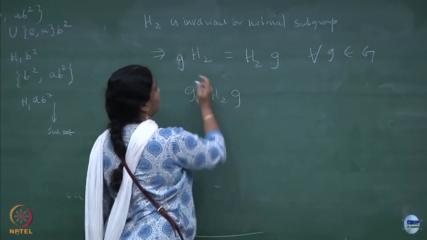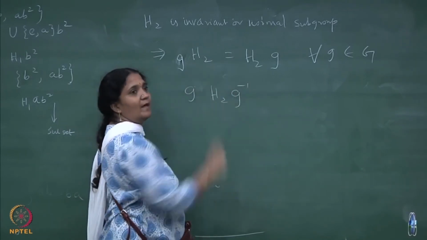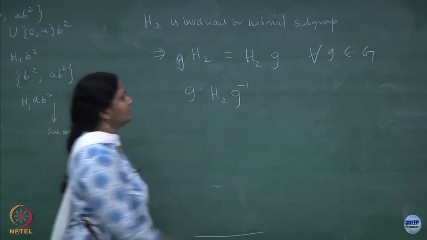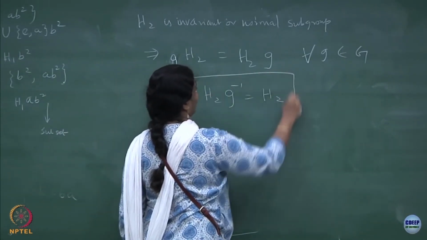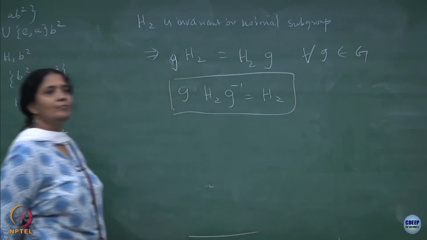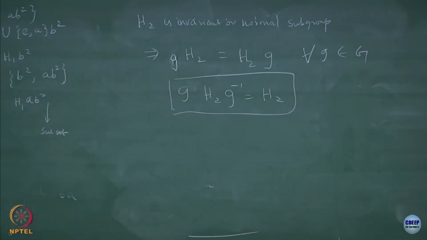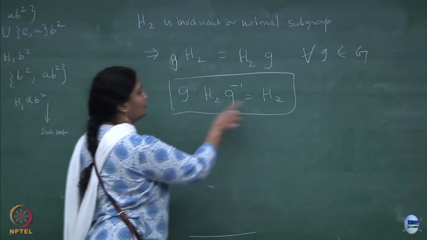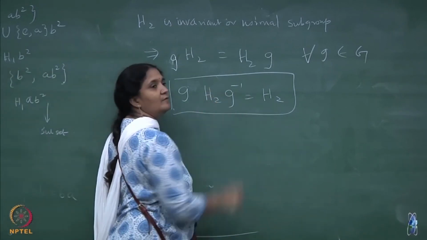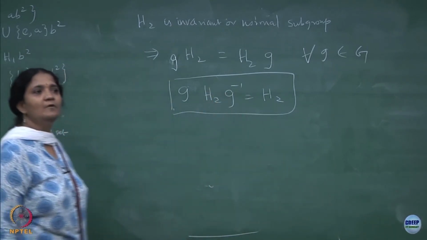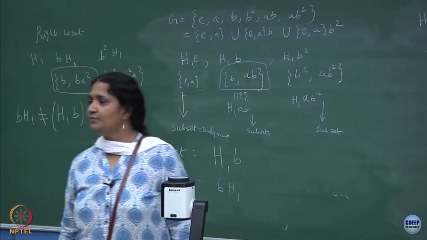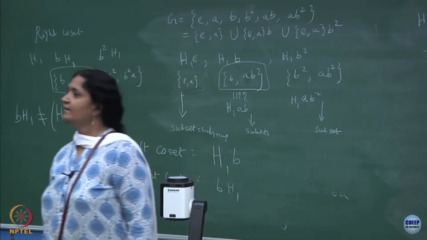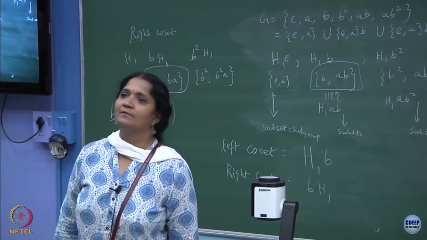Right multiply g inverse on both sides, what will you get? So, this implies H2 is a self conjugate subgroup, which also implies that for self conjugate subgroups the left coset is equal to the right coset.